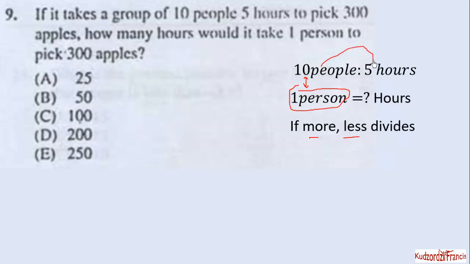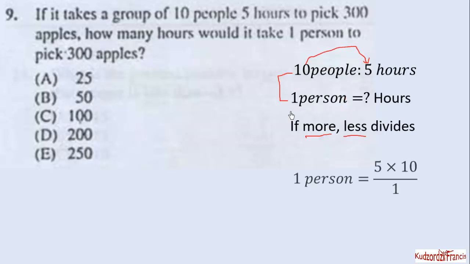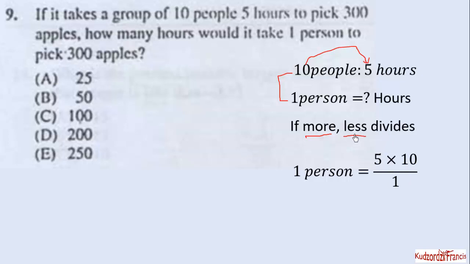So we multiply them. Multiply these two numbers, then you divide by 1. So one person will take 5 times 10 divided by 1. So it will take 50 hours to do that.